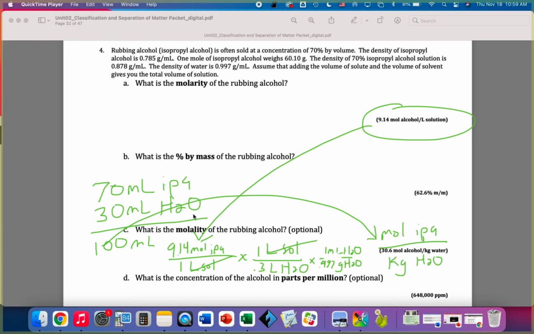And this isn't exactly what I want, so if I wanted to cancel that liters, I could cancel that with this liters, but I'd have to get rid of milli, make it 10 to the negative third. So now that liters cancels that. I'm left with grams on the bottom, but I really need that to be in kilograms, so we'll just do one extra step here. Let me clean this up a little bit.